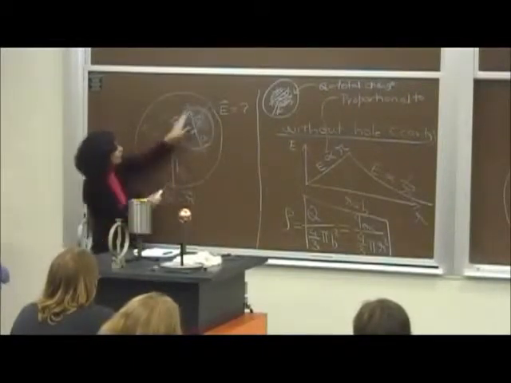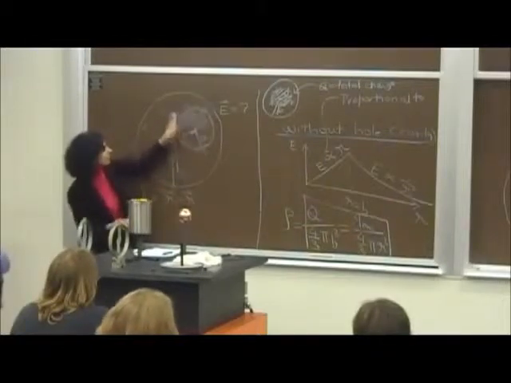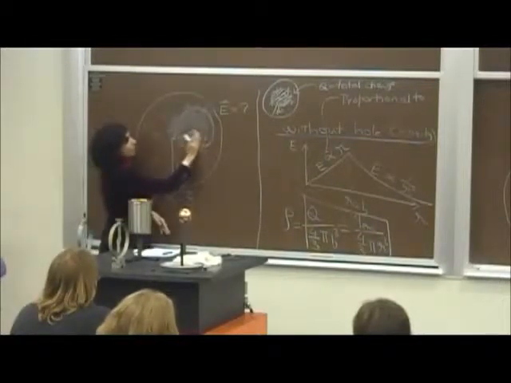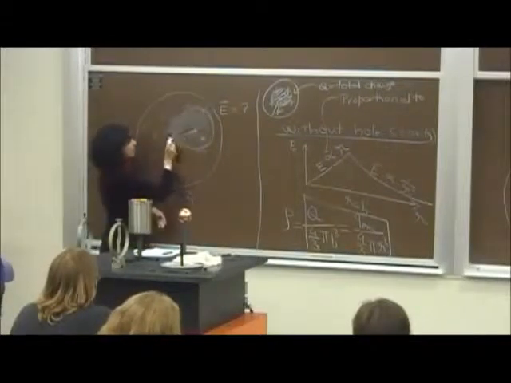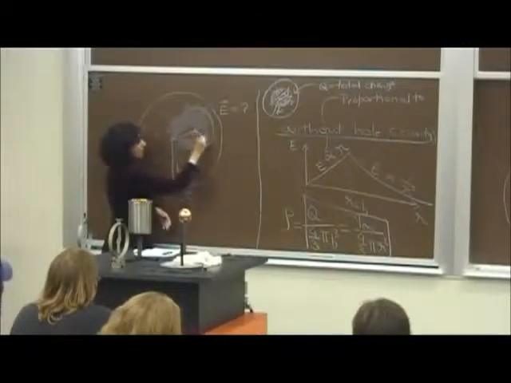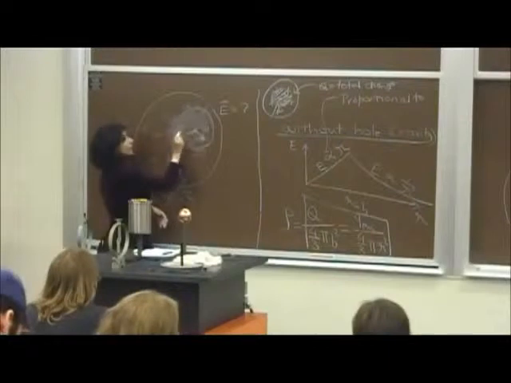If I tell you to find the electric field in the cavity over here, same story again. This time your r will be this way, your r prime will be this way, and your A is again the same.